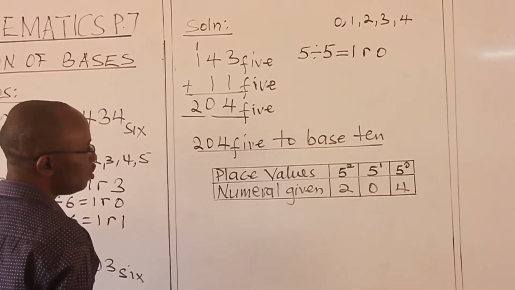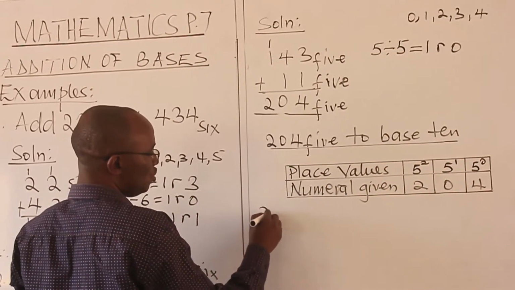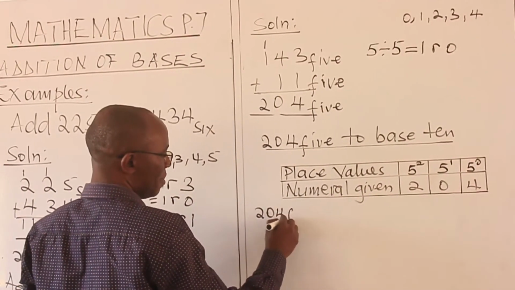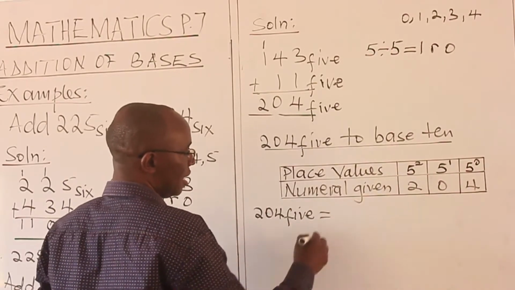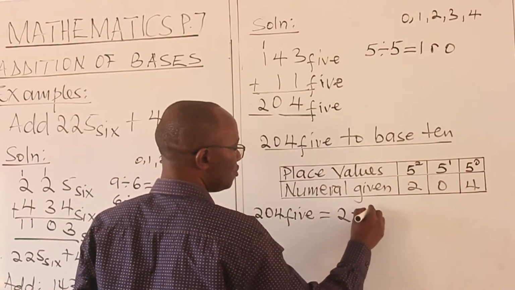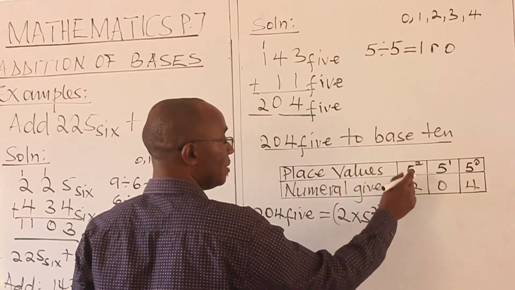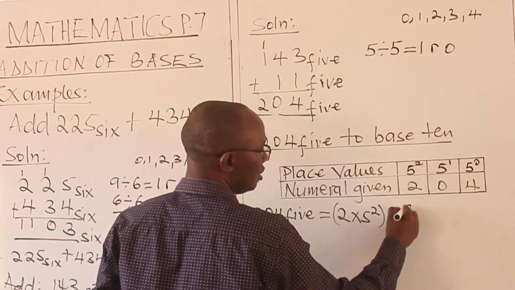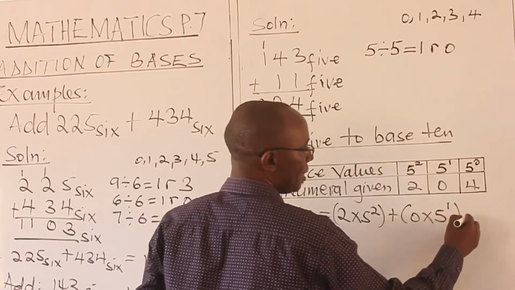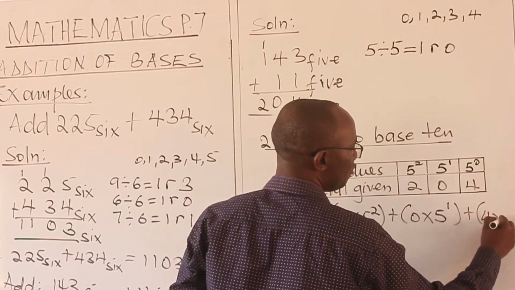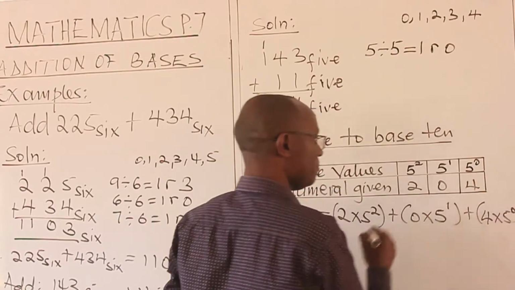So now I'm changing to base 10. So that means 204 base 5 is equal to 2 times 5 raised to the power 2, plus 0 times 5 raised to the power 1, plus 4 times 5 raised to the power 0.